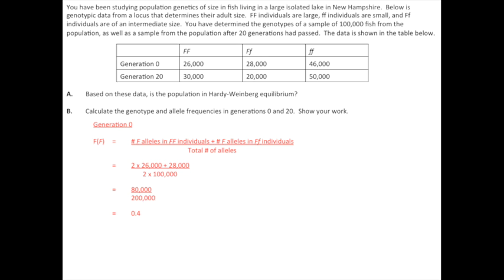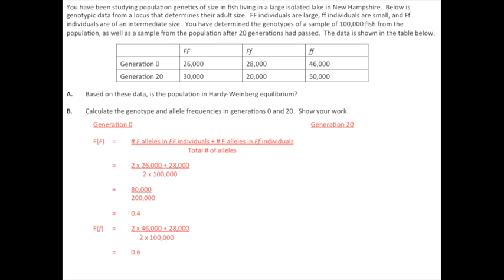For the little f allele, you can either subtract the big F frequency from 1 or do the calculation again. I like to repeat the calculation as a kind of double check. So the total number of little f alleles will be 2 times the number of homozygotes, 46,000, plus the number of heterozygotes, 28,000. You divide that total by 200,000, the total number of alleles, to obtain a value of 0.6 for the frequency of the little f allele.